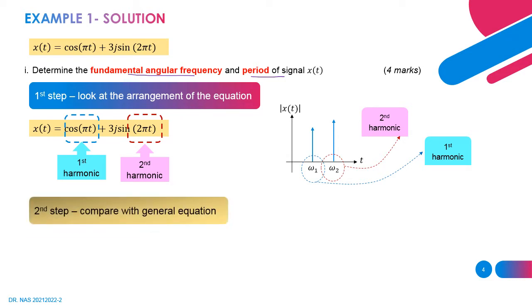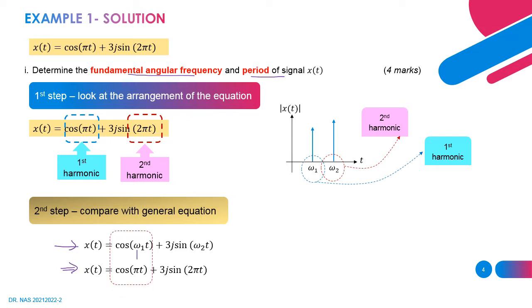So next you need to compare with the general equation. So this is the general equation, x(t) equal to cos(ω0 t) or cos(ω1 t). In this case, this is the given equation. So you can compare directly, ω1 in this case equal to π radian per second.